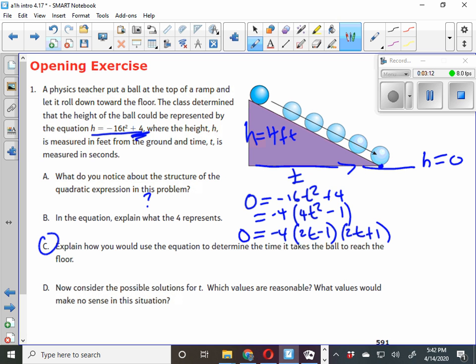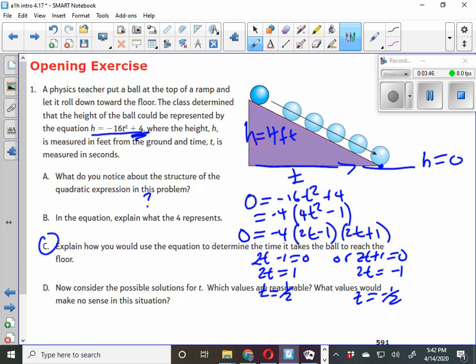And we know that if this is set equal to 0, then either this is 0 or this is 0. So trying to solve that, we got 2t minus 1 equals 0, or 2t plus 1 equals 0. 2t equals 1, or t equals 1/2. Over here, 2t equals negative 1, or t equals negative 1/2.